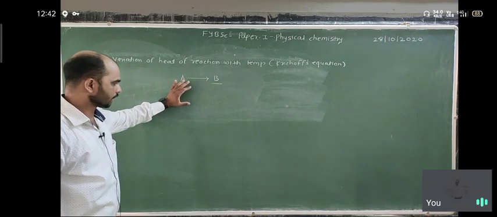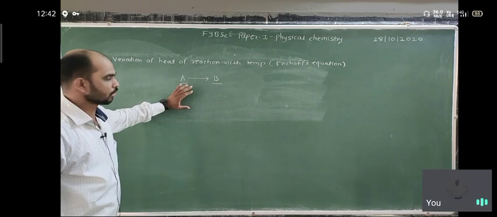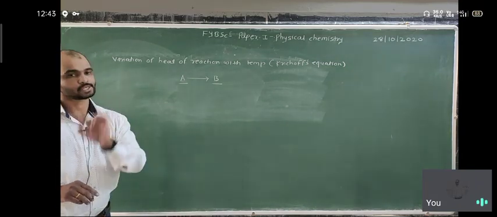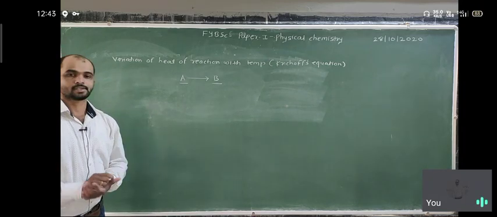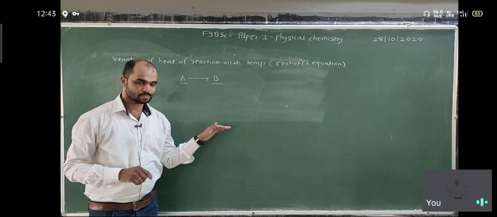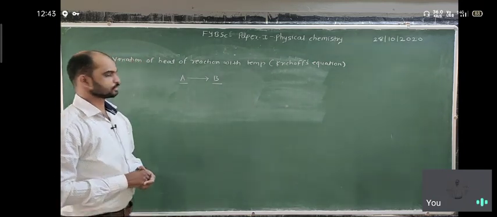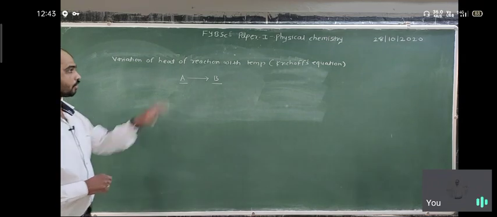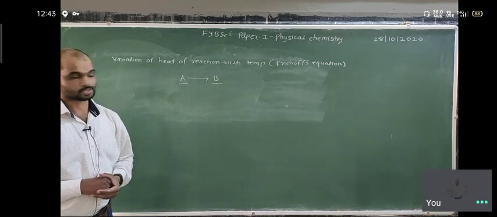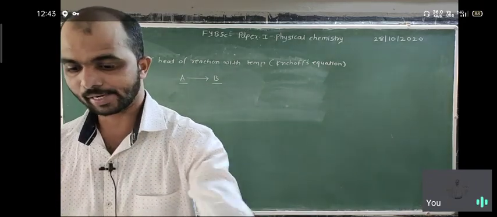To understand this equation, we consider two cases: first, the reaction carried out at constant pressure, and secondly, the reaction carried out at constant volume. So at constant pressure and constant volume, how the reaction proceeds, and how the heat of reaction changes with the change in temperature. We are going to discuss one by one. For that we draw a diagram.